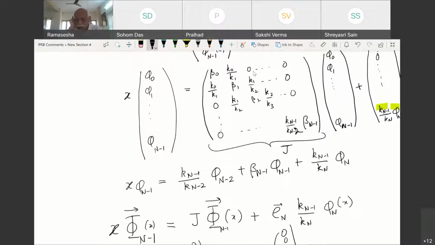Can you see anything about the matrix? Is it a unitary matrix? Is it a real matrix?